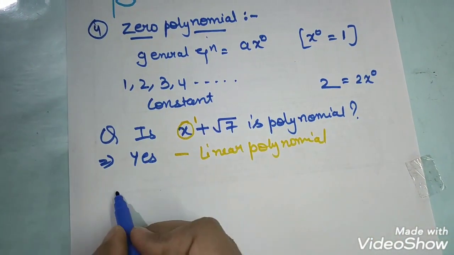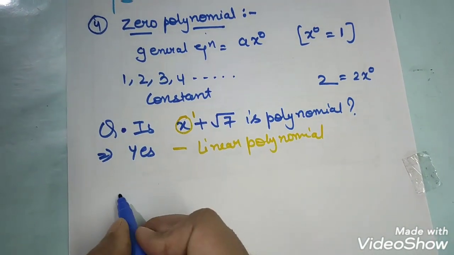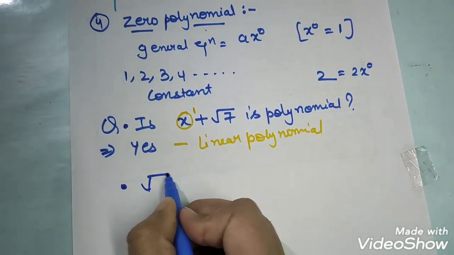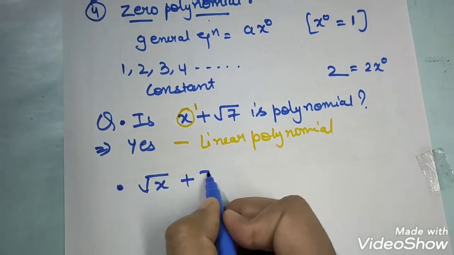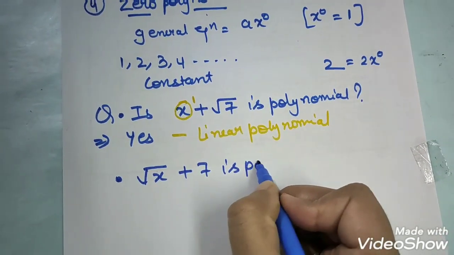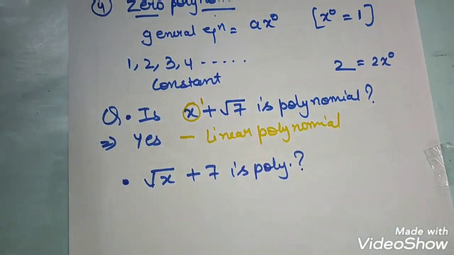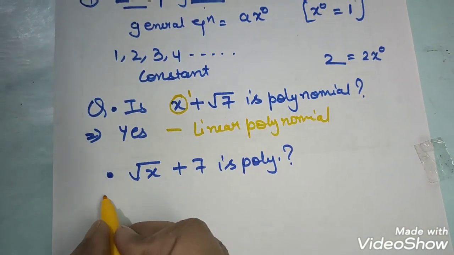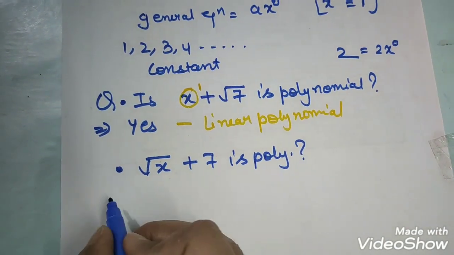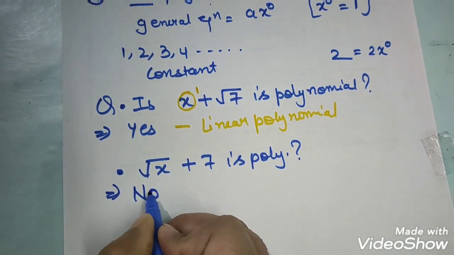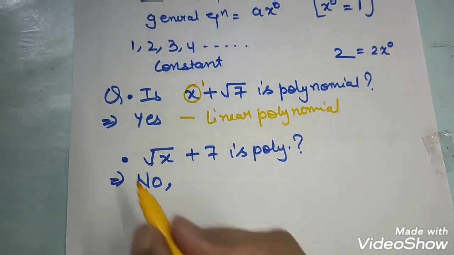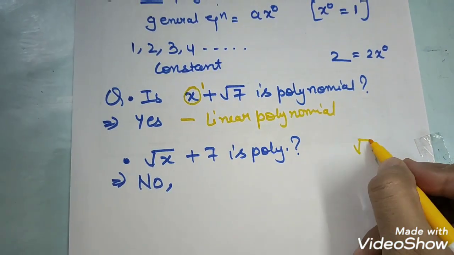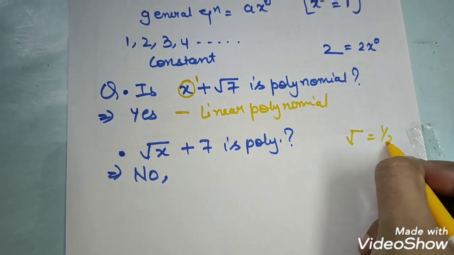And if I ask whether root x plus 7 is a polynomial, the answer is no. Why? Because I have already told you root means the power is 1 by 2.